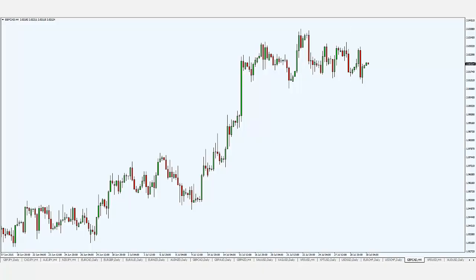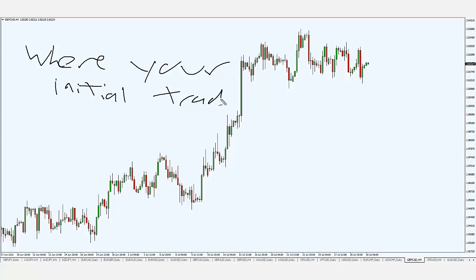Okay, so the way you should be placing a logical stop loss in the market is at a place where your initial trading idea is invalidated. So let me write that down. The location should be where your initial trading idea is invalidated.